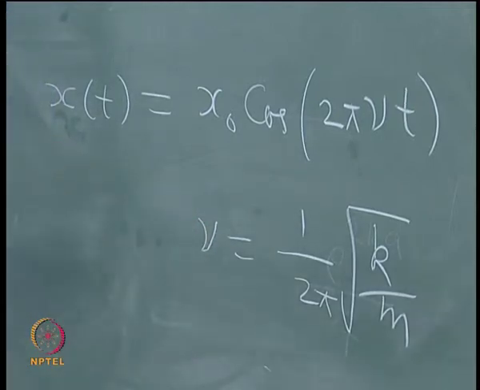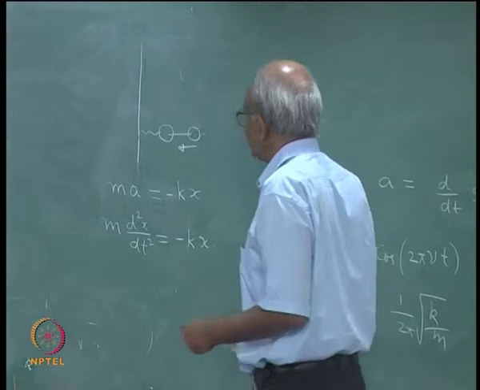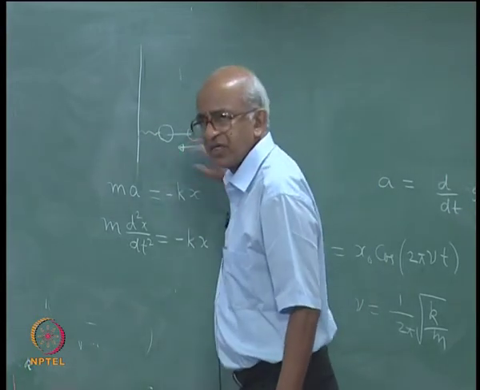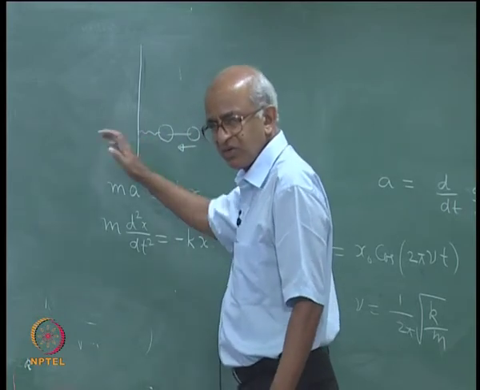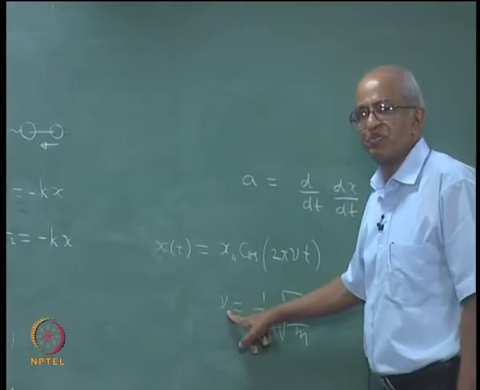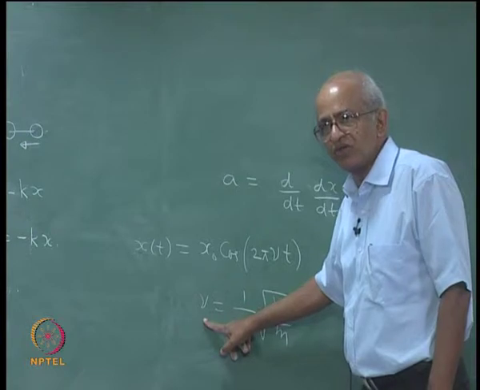What it means is that a classical mechanical particle will execute oscillations. It will oscillate that many times per unit time, and hence this is known as the frequency of vibration of the oscillator.